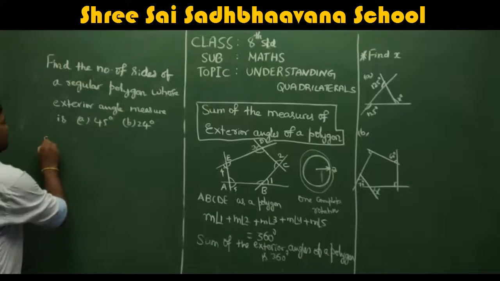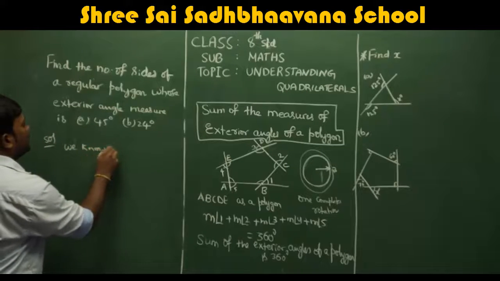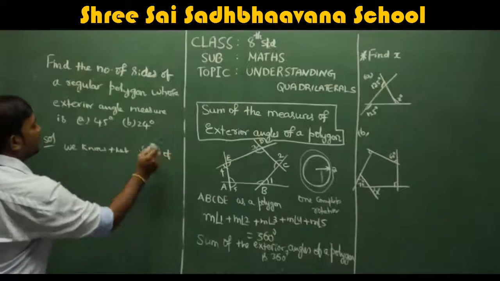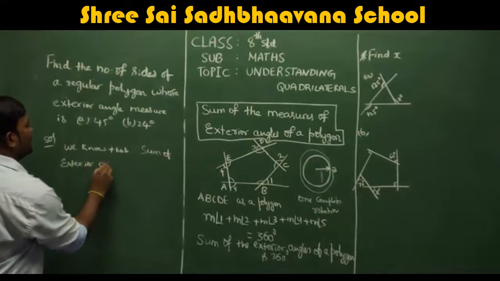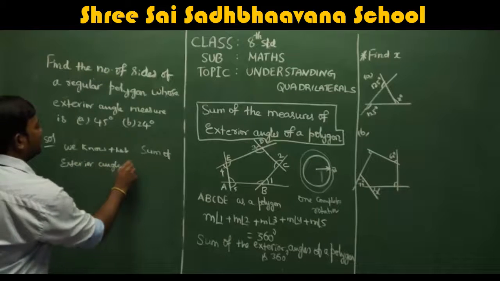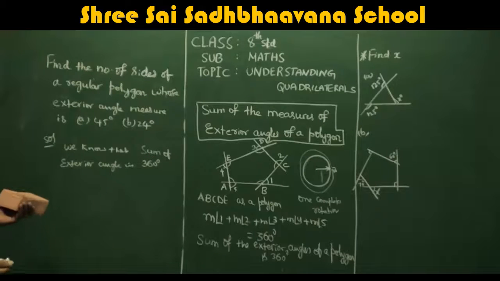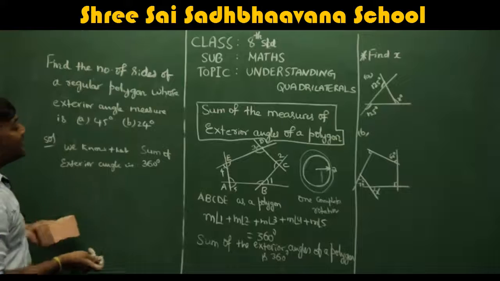And we know that the sum of all the exterior angles is 360. So guys, it's very simple because each angle measures 45 degrees only. Correct? So how many sides?